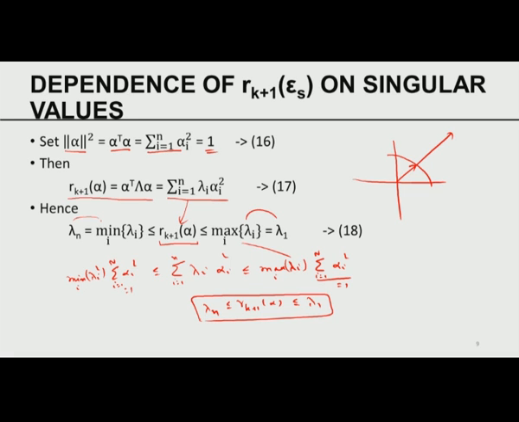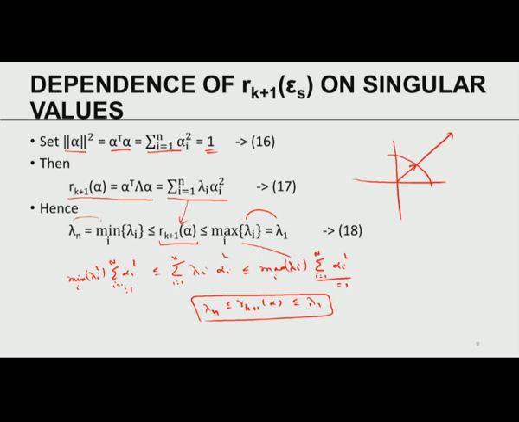So what have we done? We have narrowed the values that the ratio of the energy norms of the errors can take by moving from the standard coordinates to the new coordinates formed by the eigenvectors of the Gramian A transpose A, assuming A is full rank.